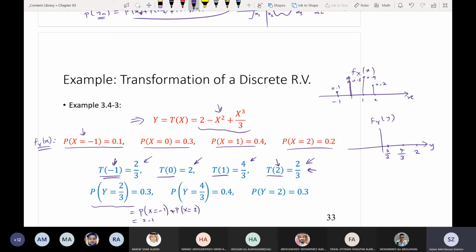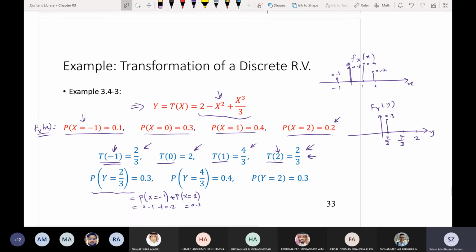Minus 1 has 0.1 and 2 has 0.2, so we have 0.3. So the probability that y equals 2 over 3 is 0.3. Is it clear, guys? How did we find this?